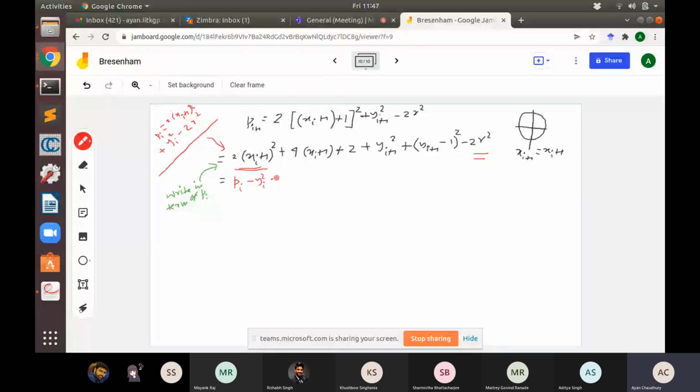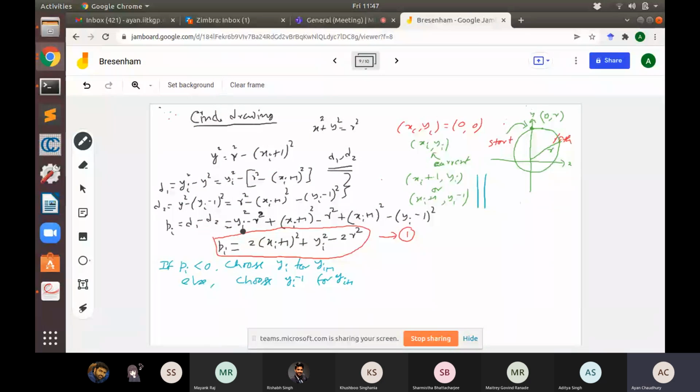Okay, and the rest of the terms are basically pretty much the same. So we just write 2 plus 4xi plus 1 plus yi plus 1 whole square plus, that's it.